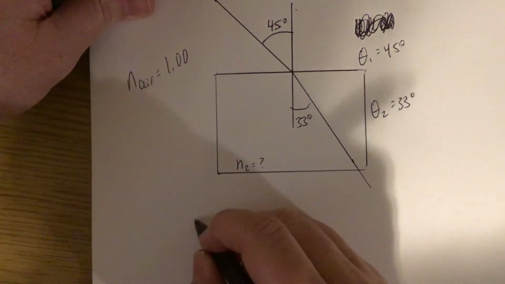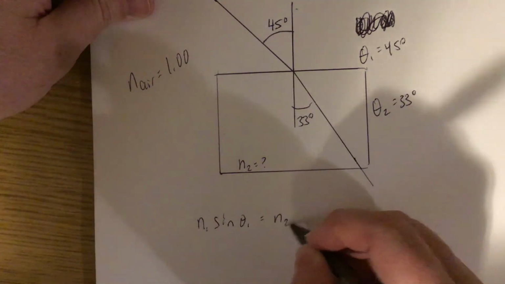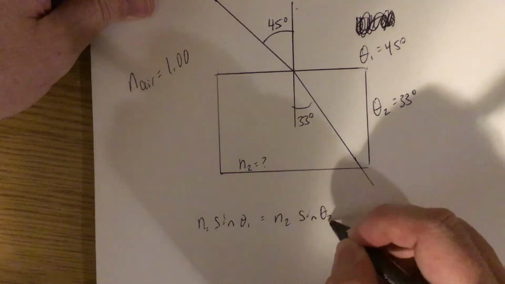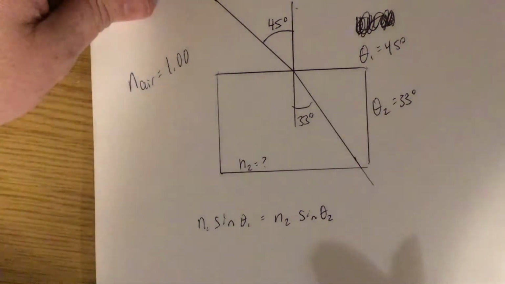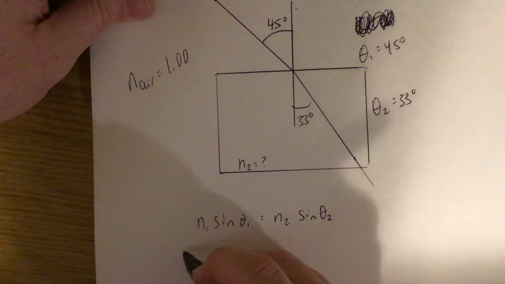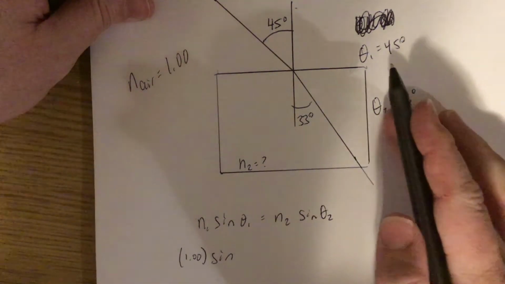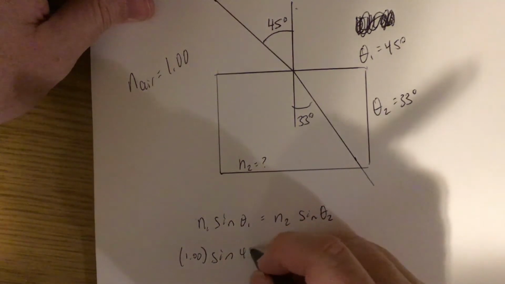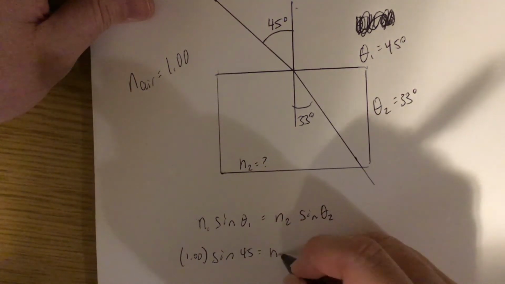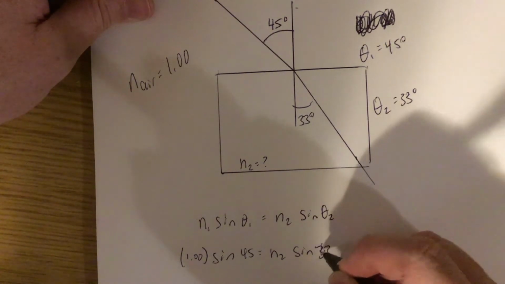And so if we say n1 sine theta 1 equals n2 sine theta 2, then we can solve for n2. In here we can put our numbers. We can say 1.00 sine theta 1 is 45, so sine of 45, equals n2 sine of 33.